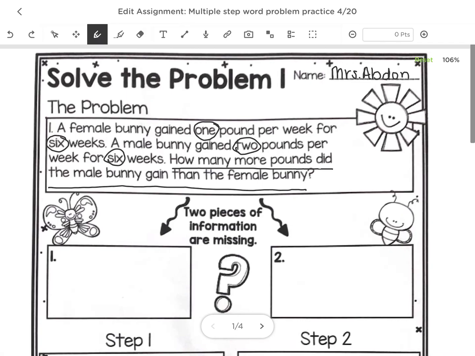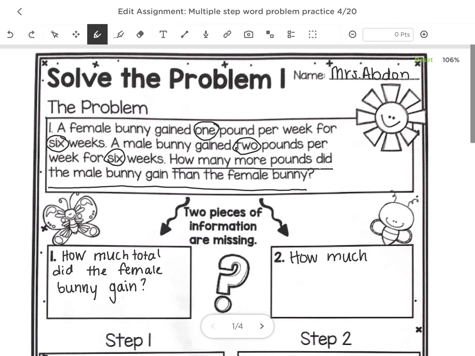So we need to first start with how much total did the female bunny gain. And we need to find how much total did the male bunny gain.